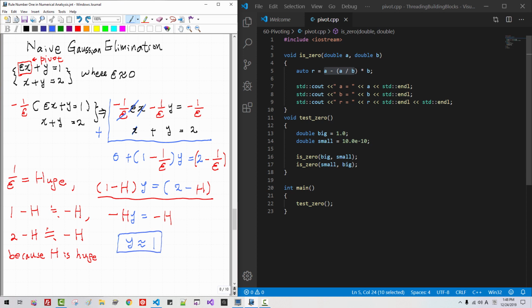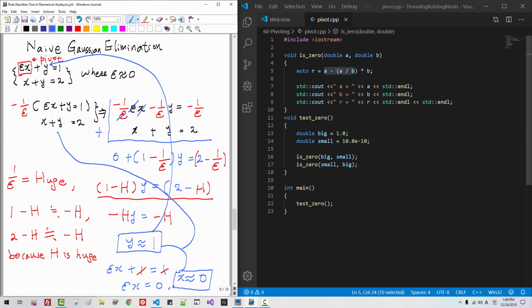If we substitute this result in this equation, epsilon x plus 1 equals 1, the 1 cancels out, epsilon x equals 0, x is equal to 0. If we substitute this result in this equation, 0 plus 1 is 2. So this doesn't hold. This result is incorrect.